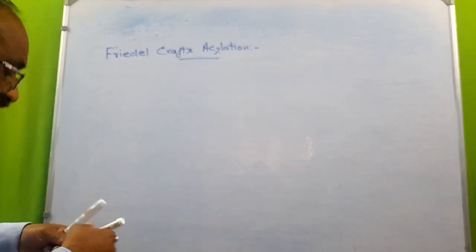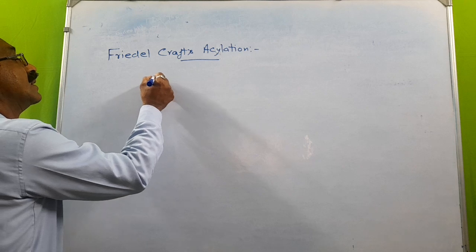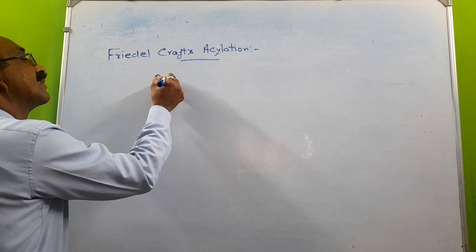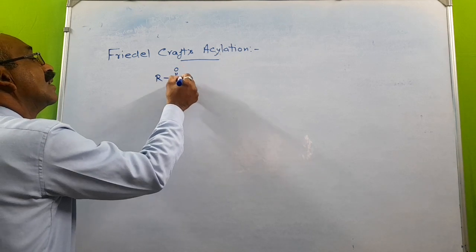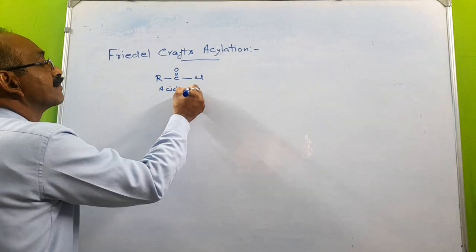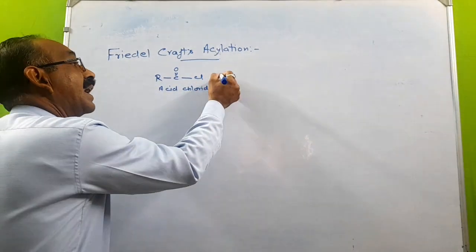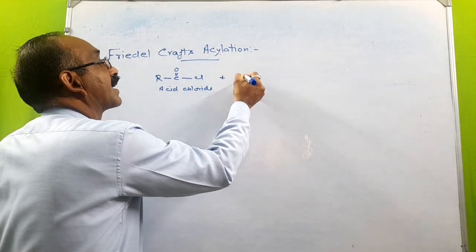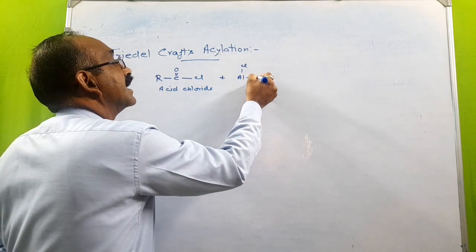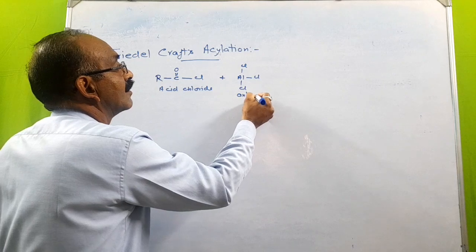See, let this one be an acid chloride, and this reacts with a catalyst, anhydrous AlCl3.